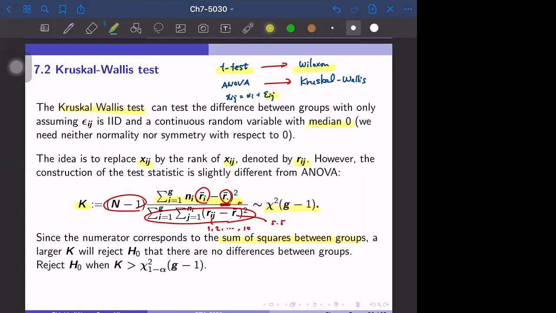So it's the so-called chi-square test, and this follows chi-square with g minus 1 degrees of freedom. This is an approximation, so it does not follow exactly a chi-square distribution, but approximately.